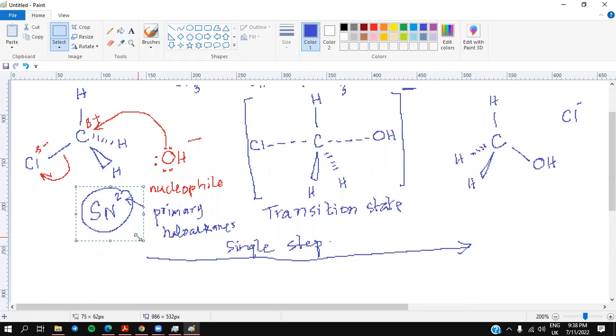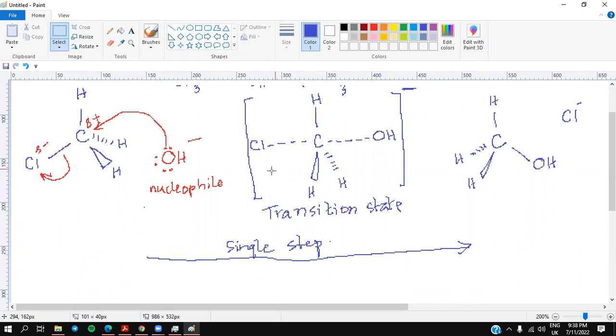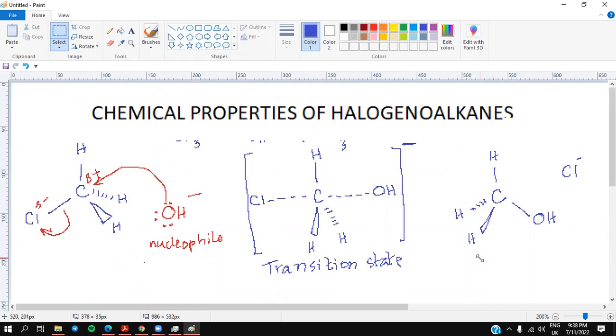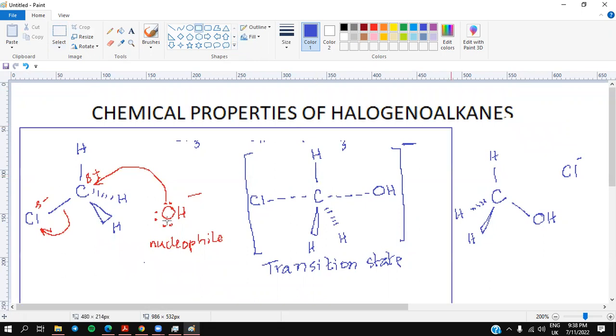I'll remove it. We know that they are shown by primary halogenoalkanes. Even single step is not necessary when you write the reaction mechanism in the exam. So what you are supposed to show is only this. Please take down this.